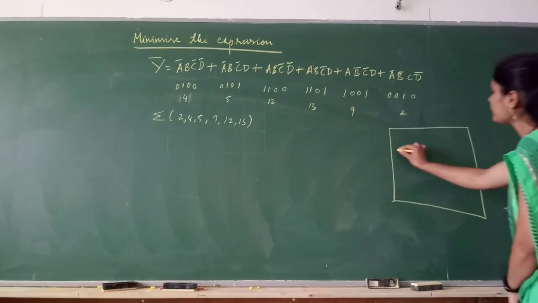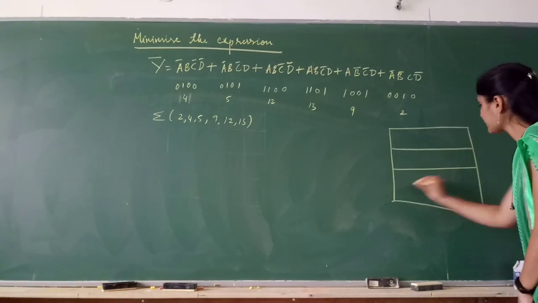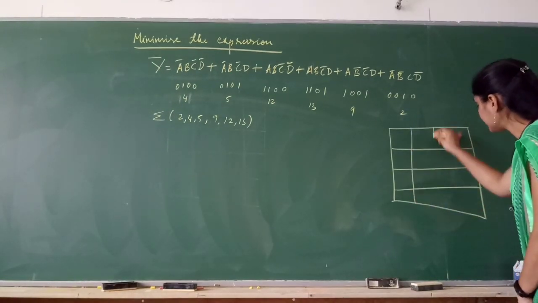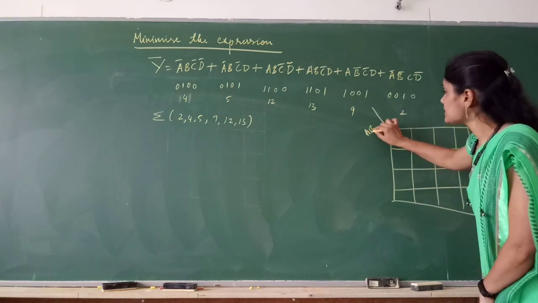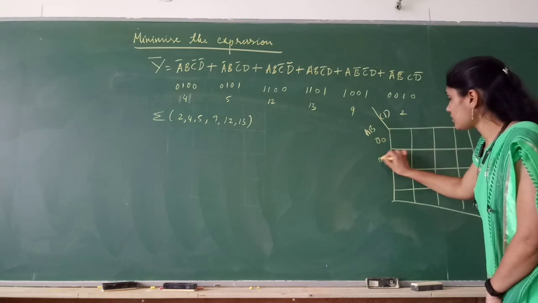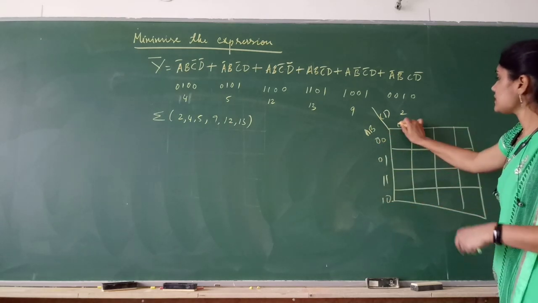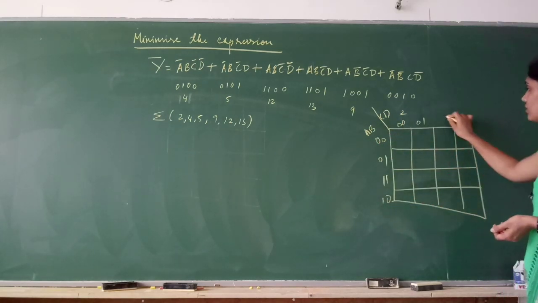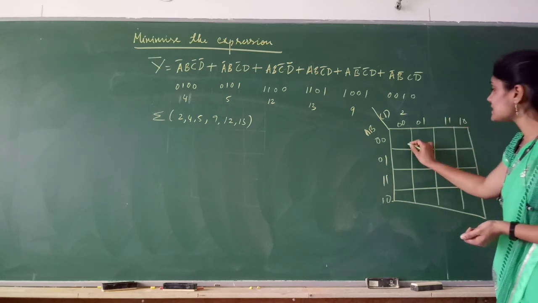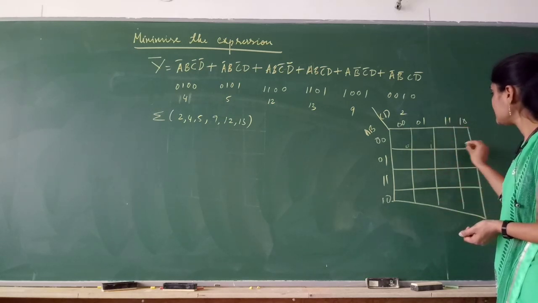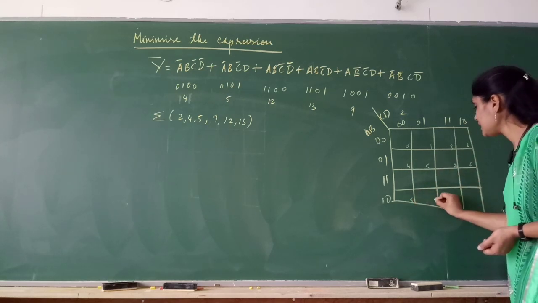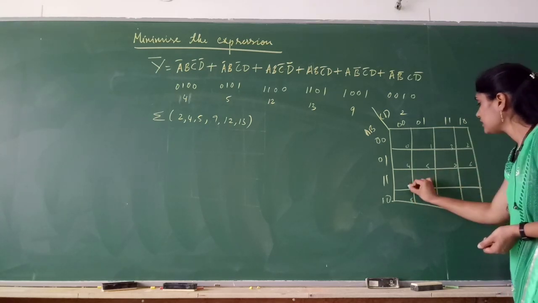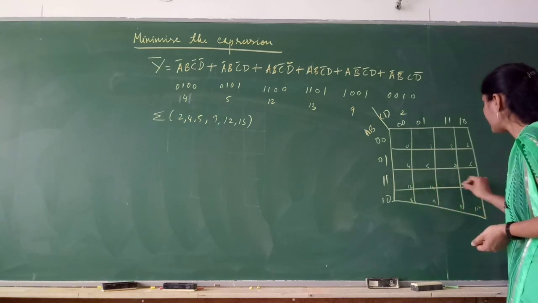So when I use the 4 variable K-map, here it is A B, C D, with 0 0, 0 1, 1 1, 1 0 along each axis. Name the cells 0, 1, 2, 3, 4, 5, 6, 7, 8, 9, 10, 11, 12, 13, 14, 15.